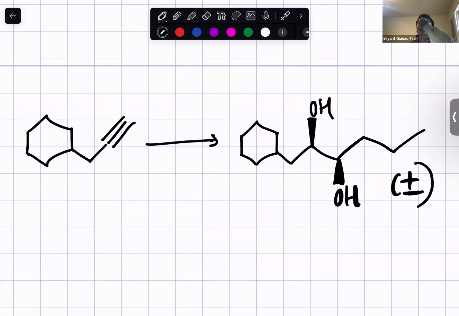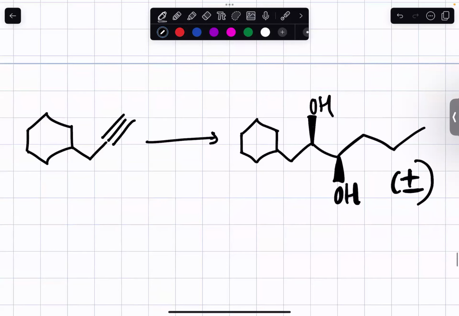This is going to involve some alkene reactions from last midterm, last chapter two. So first, do we deprotonate the triple bond to make it a good nucleophile?